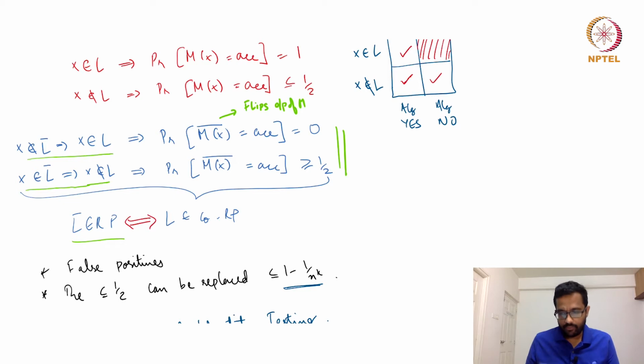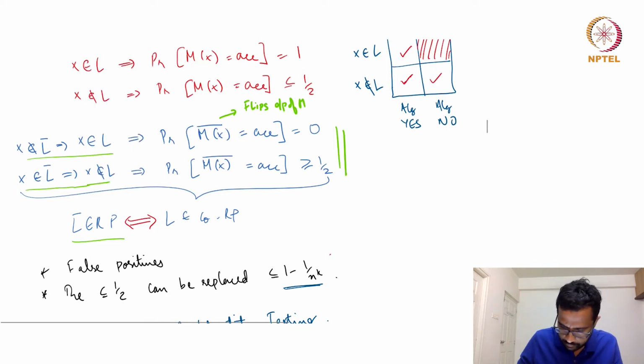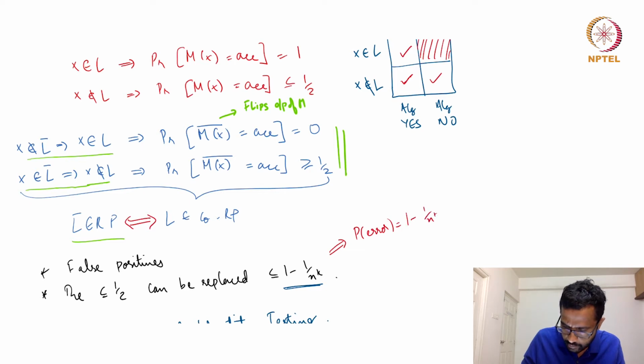Still, if you have 1 minus 1 over n to the k, it could still be boosted and the probability of error can be reduced. So 1 minus 1 over n to the k means that whenever x is not in the language, this is the probability of error, right?